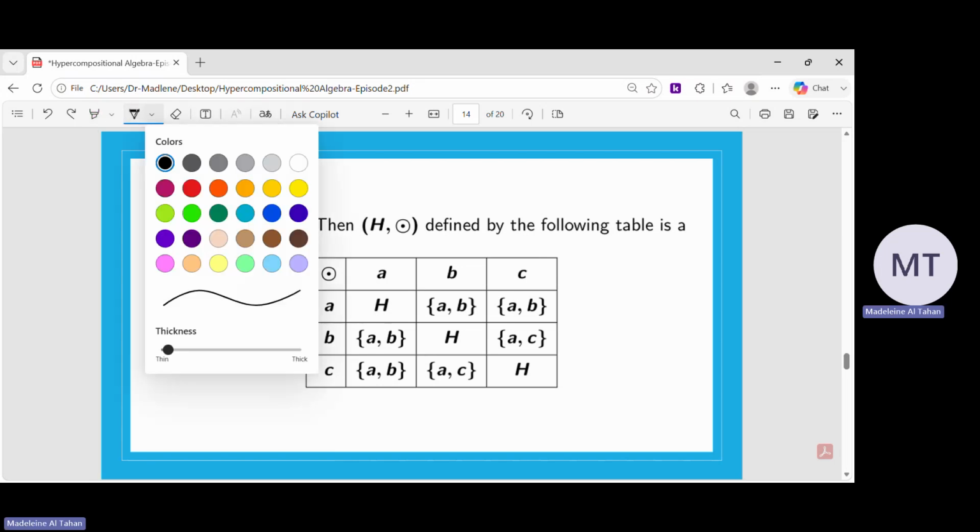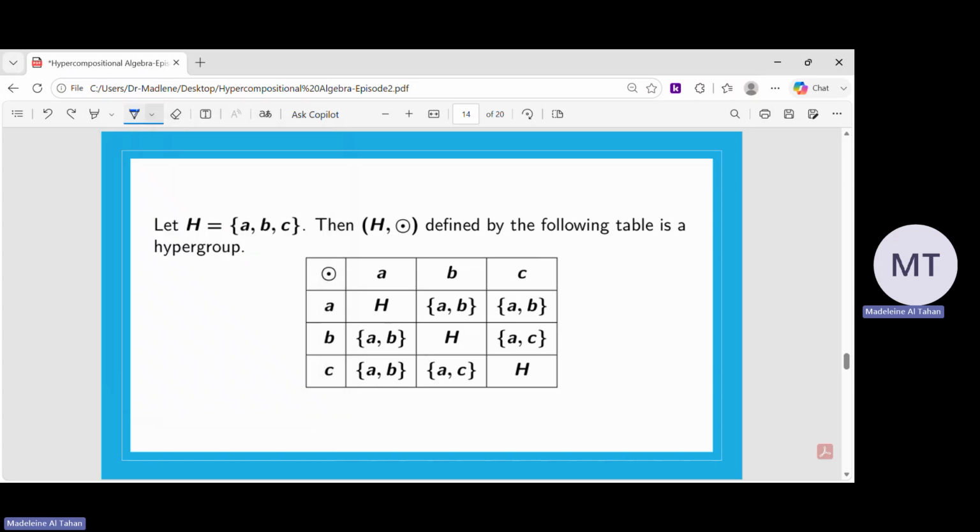When we ask, is it a hypergroupoid, it means: is there any of the parts in the table that is empty? The answer is no. Is there any cell in the table that is not a subset of H? We have H, we have {a,b}, we have {a,c}, all of them are subsets of H. So first of all, this one is a hypergroupoid.